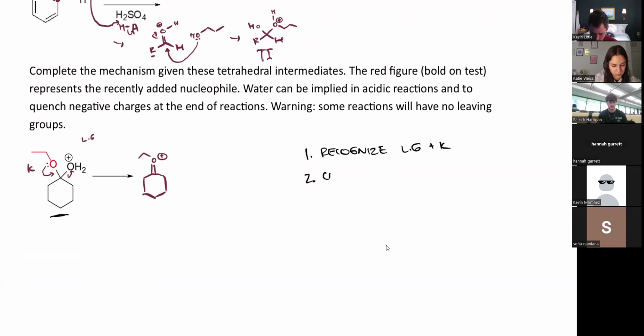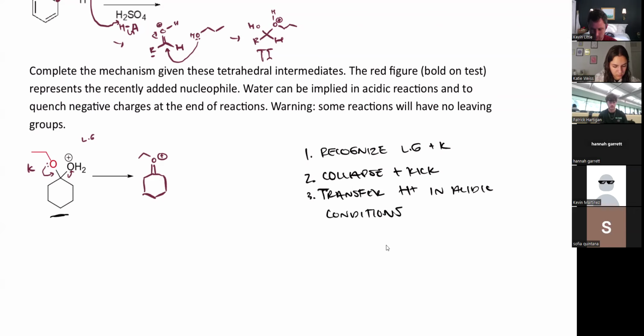Can you collapse and kick? And can you transfer proton in acidic conditions? That's all I'm looking for here. This is what I want.